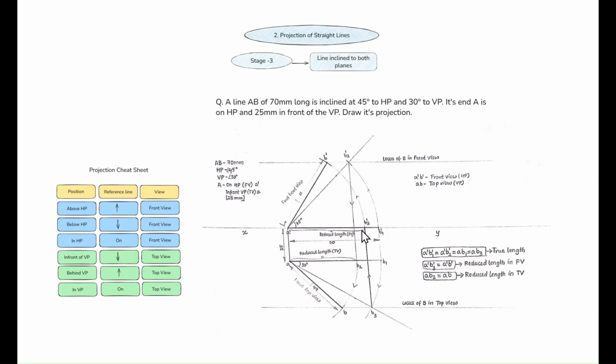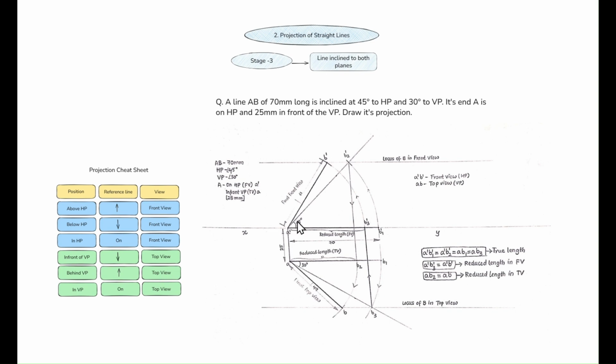From this true length, we will be cutting an arc. As you can see, I have mentioned the arrows so that you can clearly understand what we are doing. From true length, you take the compass, A dash to B1 dash, and make an arc to the 45-degree angle line we have made.